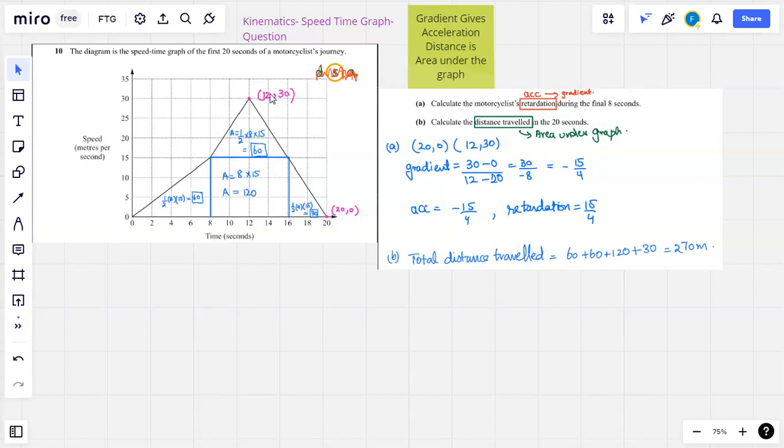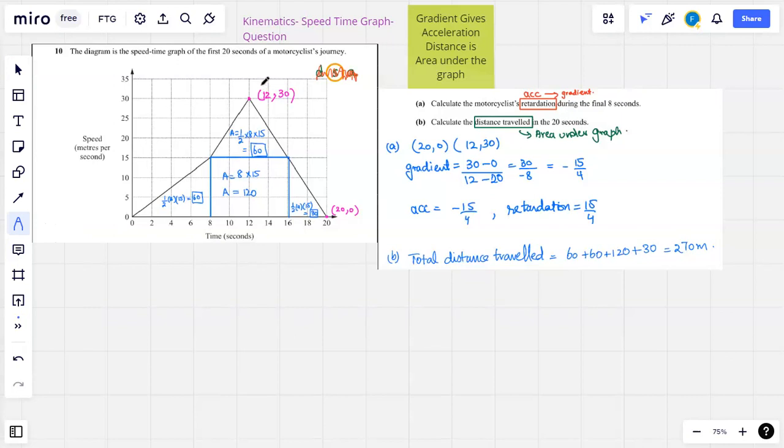So this point is (12, 30). This is my second point. It is on the x-axis, so the value of x is 20, and since this point is on the x-axis, the value of y will be 0. So this point is (20, 0). Now I have the 2 points.